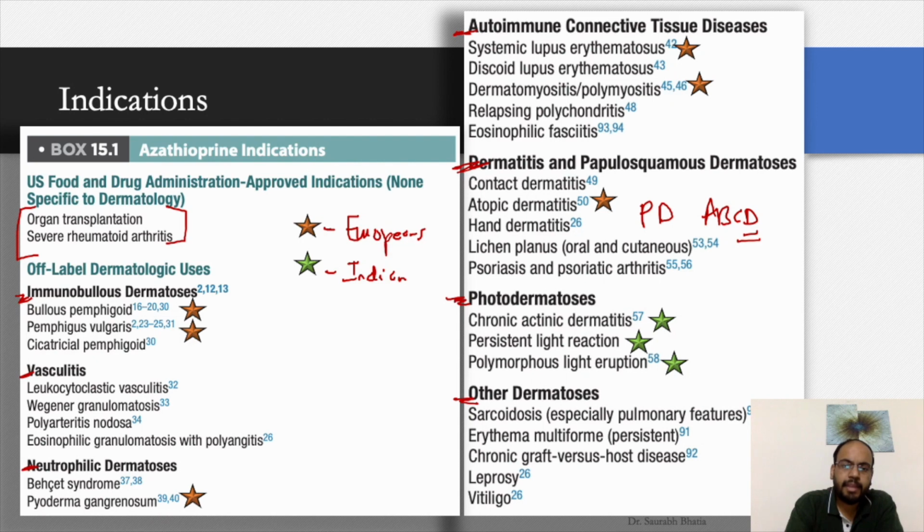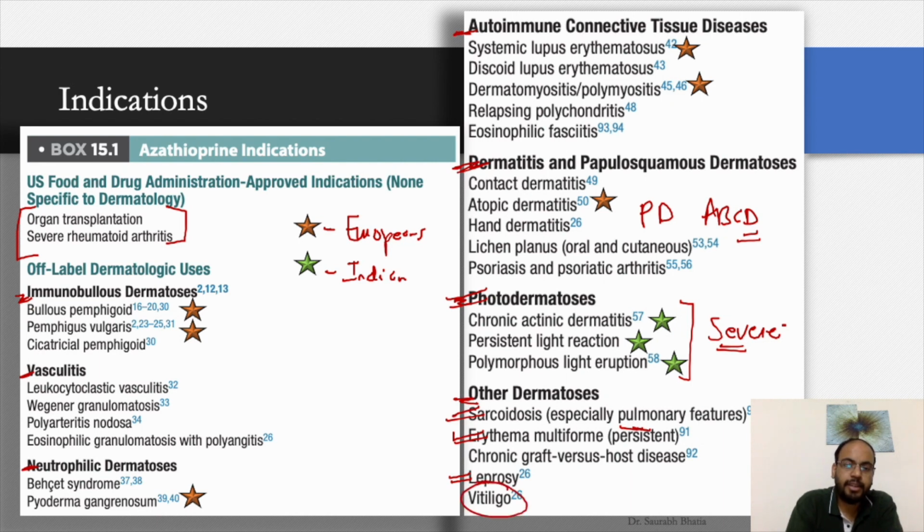In photodermatosis, it has been mentioned that in severe cases not responsive to other therapy, azathioprine can be tried. Other miscellaneous indications are sarcoidosis, especially showing pulmonary features, or erythema multiforme, which is persistent. Wolverton likes to mention ENL in Hansen's, or lepra reactions.